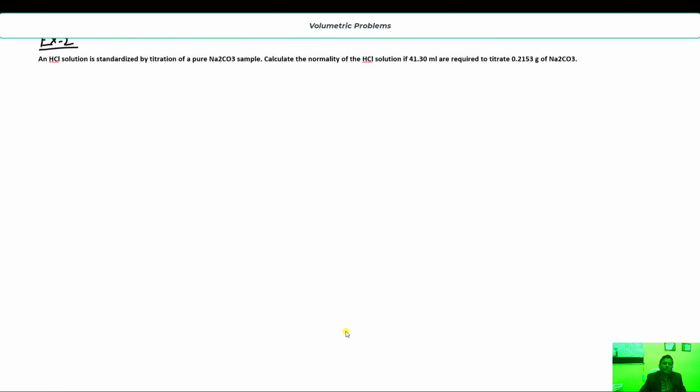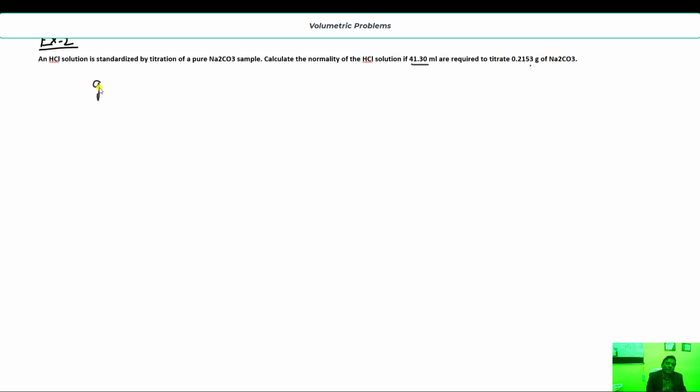Now example 2: an HCl solution is standardized by titration of a pure sodium carbonate sample. Calculate the normality of HCl if 41.31 ml are required to titrate 0.2153 gram of Na2CO3.